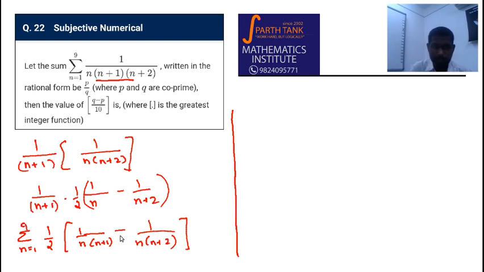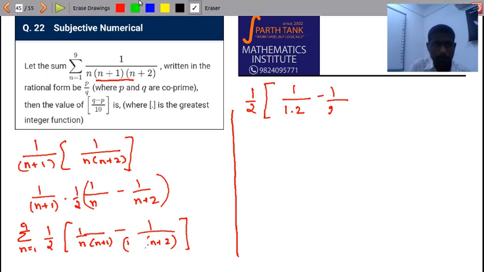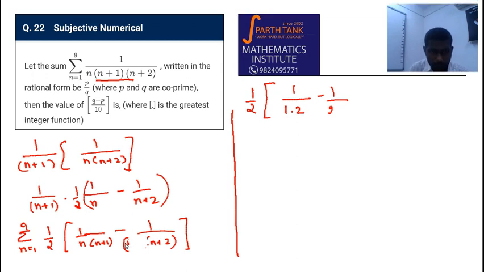What have we accomplished by this? Enumerate the individual terms, keep the half out, and what do you get here? Sorry, here there is a mistake. Let me just make it quite clear. This is nothing but n plus 1 into n plus 2.